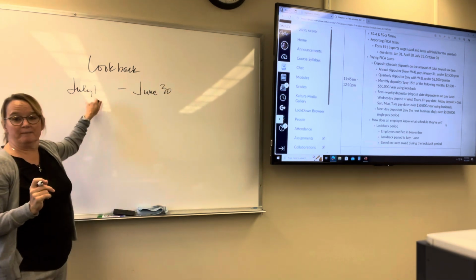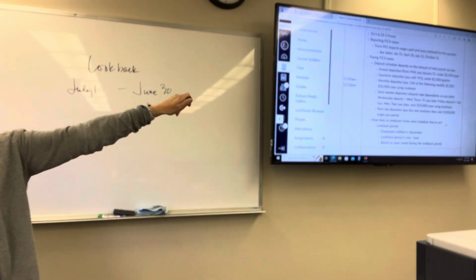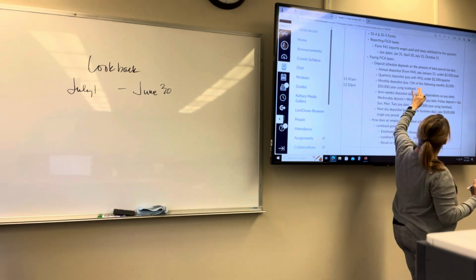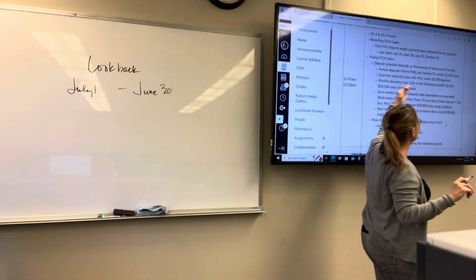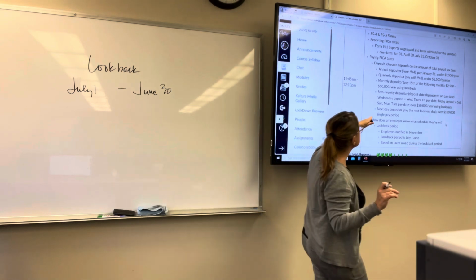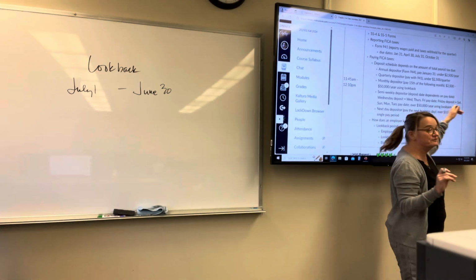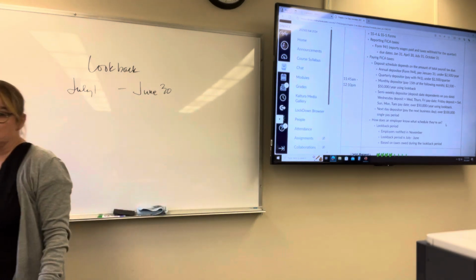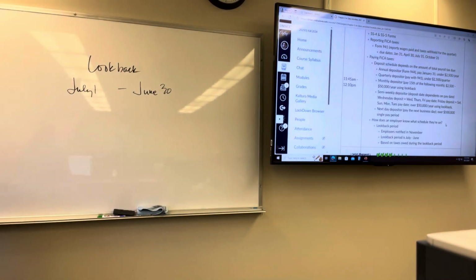The IRS is going to look back at your deposits during that time. If your deposits were under $2,500 a quarter, you're going to be a quarterly depositor. If your deposits were over $50,000 during that period, you're going to be a semi-weekly depositor. They send out notices to all businesses in November and tell them how frequently they're going to deposit.